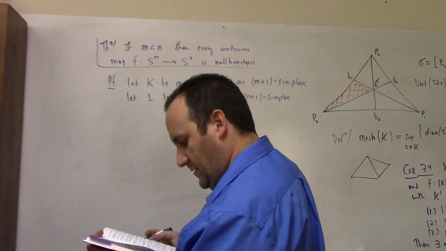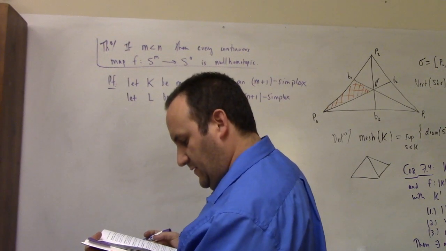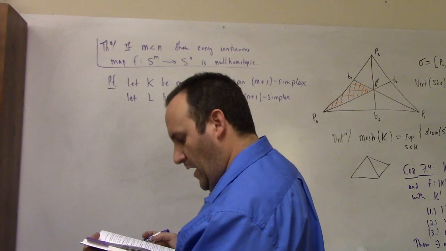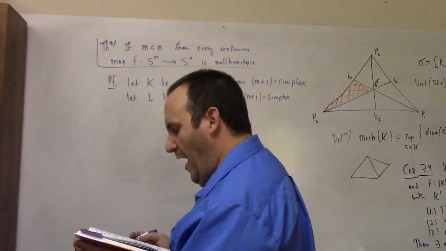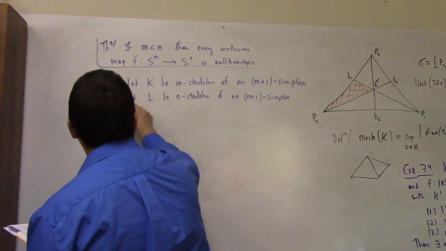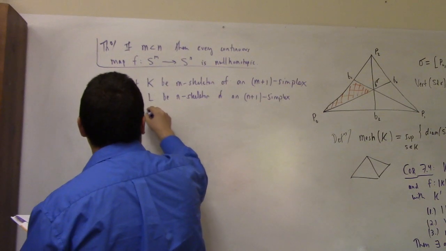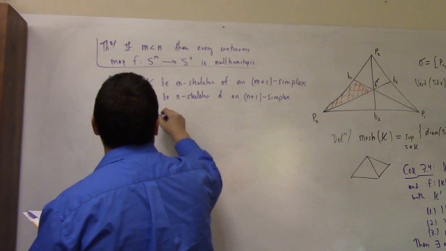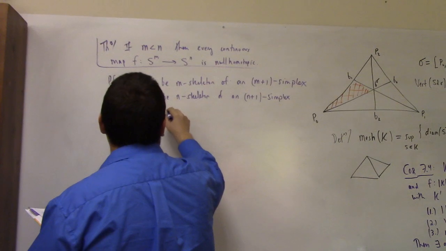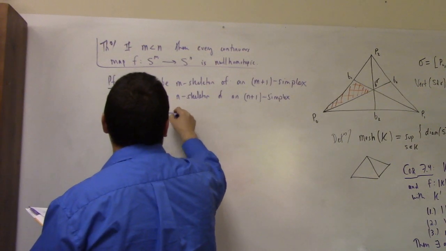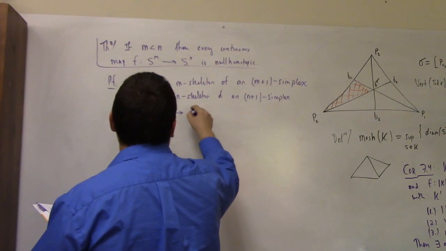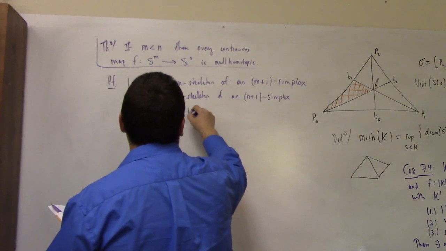If we regard f as a continuous map from K to L. Now what can we do with that? If we have a continuous map from the m sphere, where are the simplices entering into the sphere here?